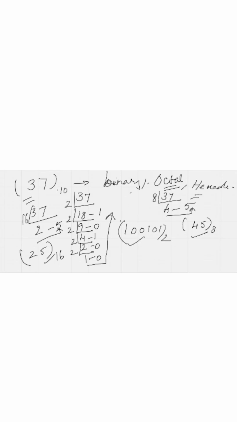So this is a whole number we have taken. If you want to convert a value with a fractional part, not only a whole number, let us see what you have to do.